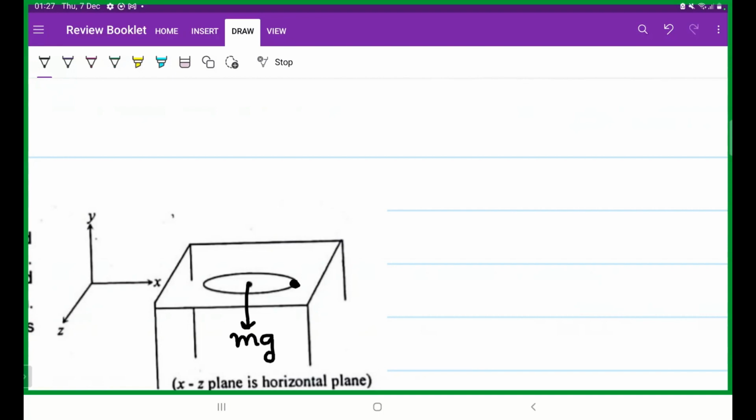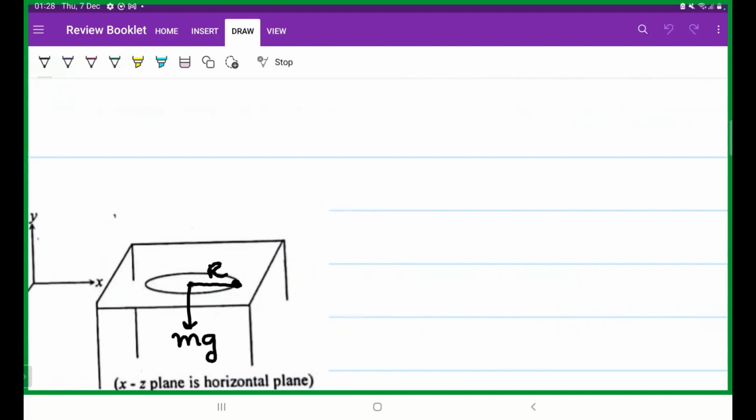So the torque about this is mg, and this is r, right? So the formula for torque, we know that it's r cross F, right? So if you look at it, it will basically be towards you.